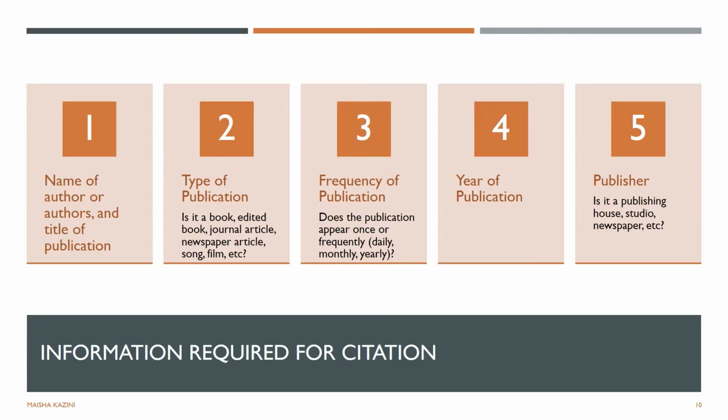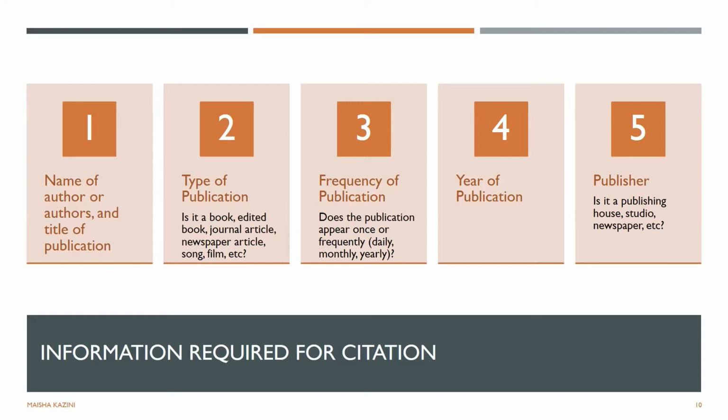The other information we need is the frequency of the publication. Does the publication appear only once? Is it a single book, for example, or a flyer which never appears again? Or is it a publication that appears frequently, meaning does it appear every day like a newspaper, monthly like a magazine, or yearly?